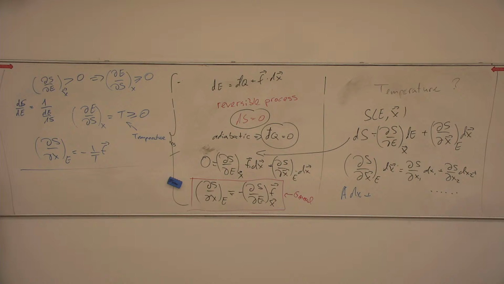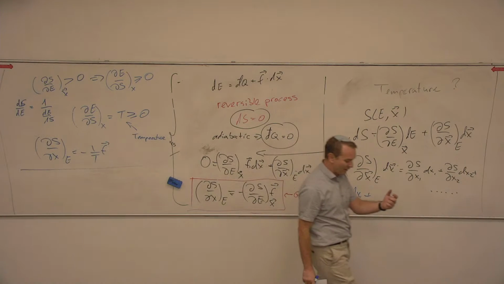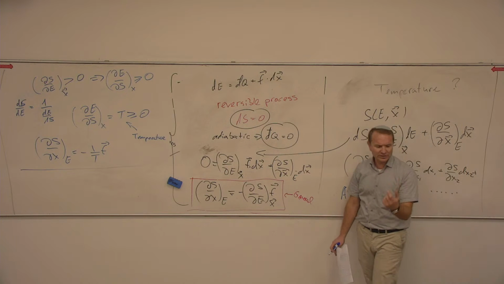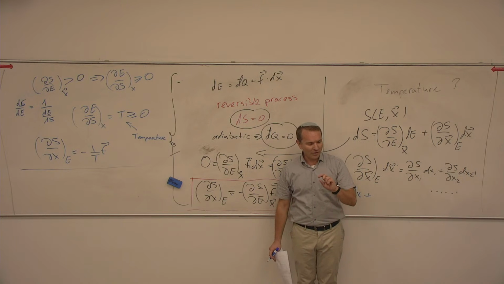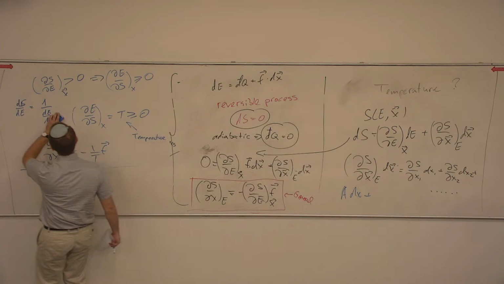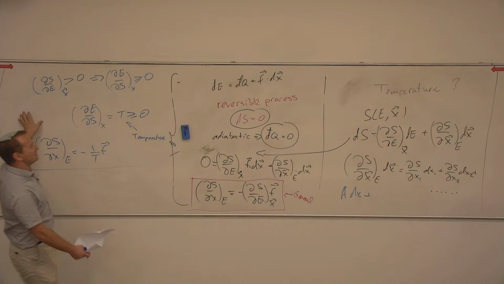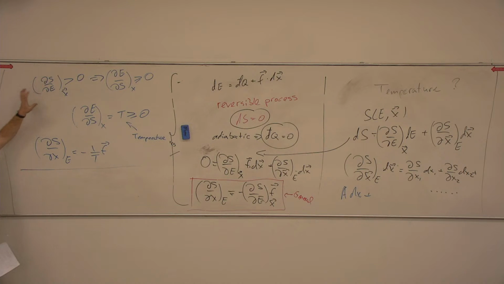Why? If you have a derivative of one quantity with respect to another that is greater than 0, the other derivative is also going to be greater than 0. I can prove it. If you don't like this trick, I can reverse the derivatives, but this is the point: dA over dB is 1 over dB over dA.